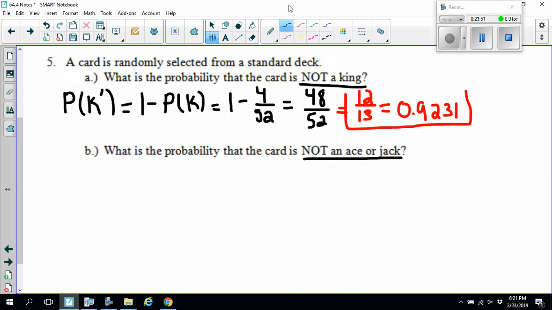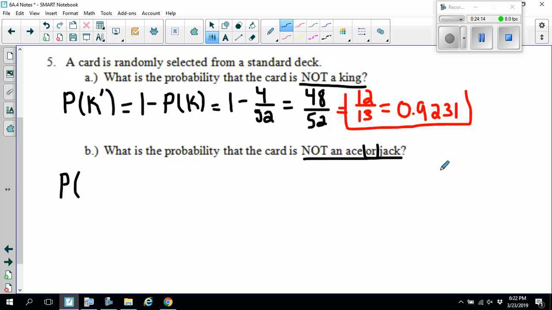Okay, hopefully you paused the video. If you got stuck, let's see what we can do to get you unstuck here. Okay, so it says, what is the probability that the card is not an ace or jack? So this is using our complement. And remember, in this case, it says or as well. So this is an or type of problem.